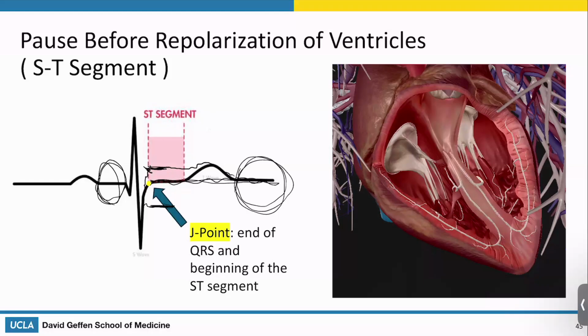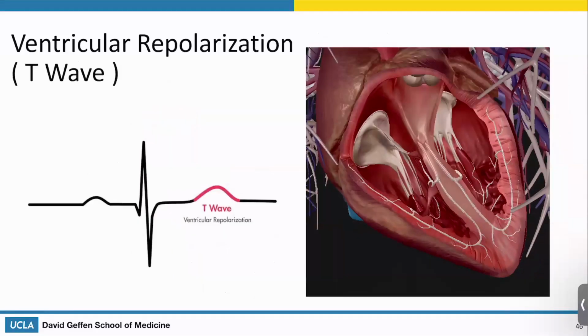Or if this came down like this and I use this line right here, and I look for the J point right here, ooh, that's depressed. Okay, and we'll teach you that when we get into 12 leads as well. But use this T to P segment to measure that ST elevation and depression.